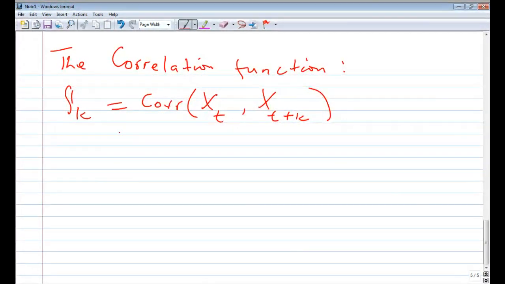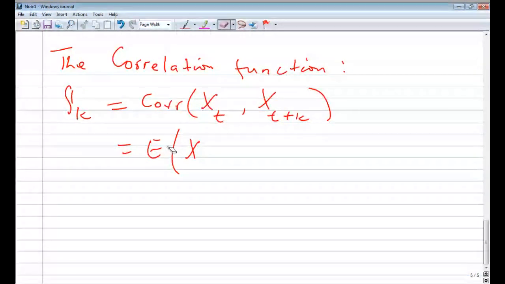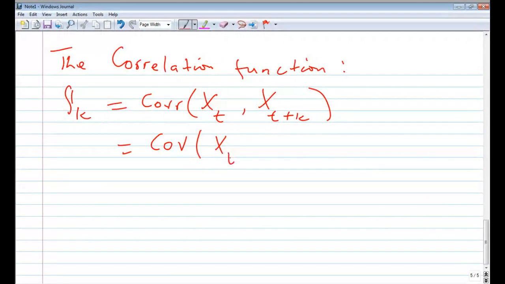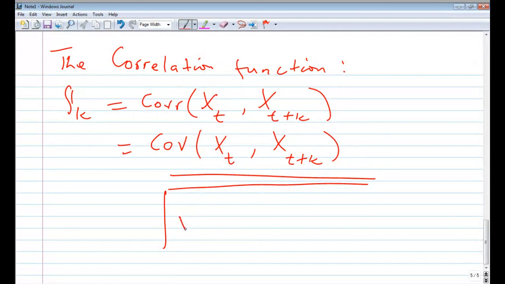Okay, which is equivalent to the cov of xt, xt plus k, divided by what? The square root of the var of xt times the var of xt plus k.